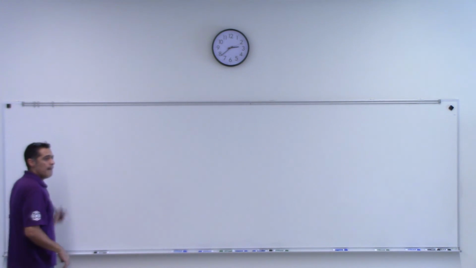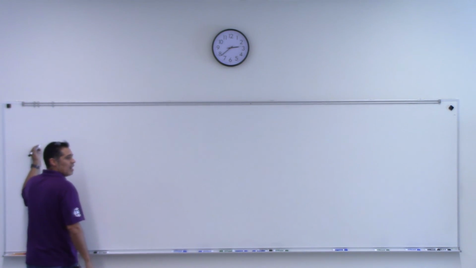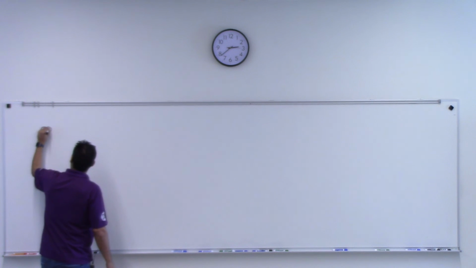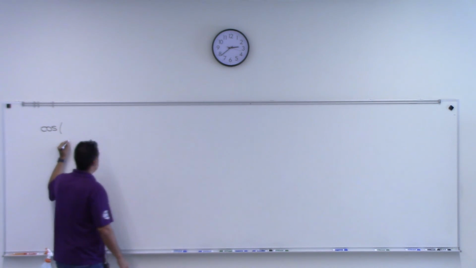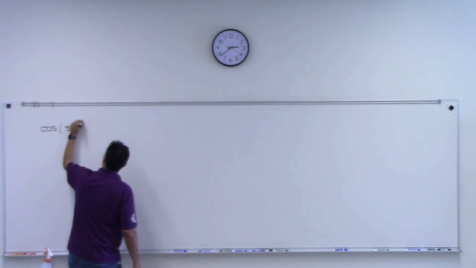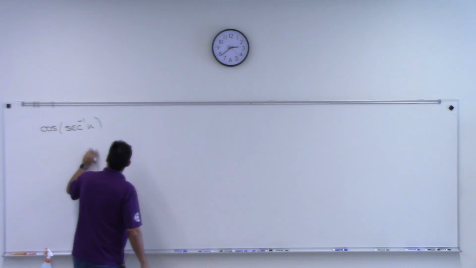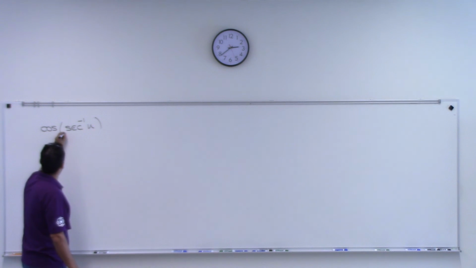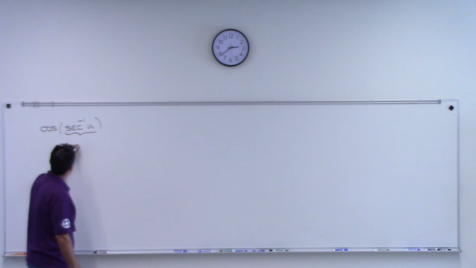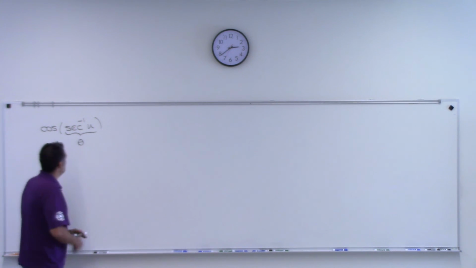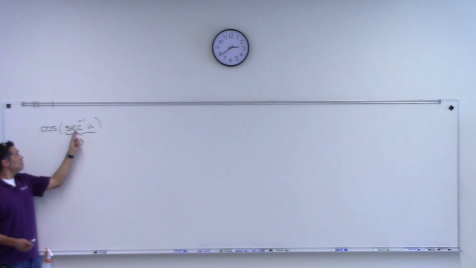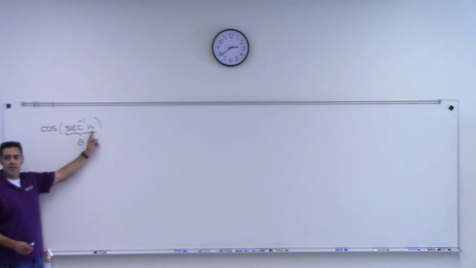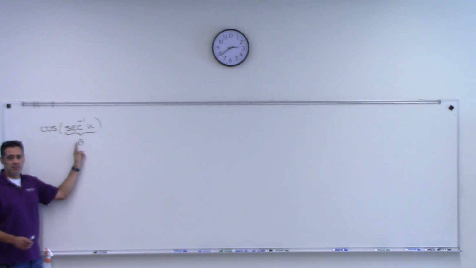Okay, so I'm asking you to write this as an algebraic expression: cosine of secant inverse of u. All right, so the way that I told you to do this in class is that you're going to first look at this, secant inverse of u, as being some angle. I don't remember if I called it alpha or theta or what. I'm just going to call it theta here. Anytime we take the inverse trig function of something, that gives us an angle.